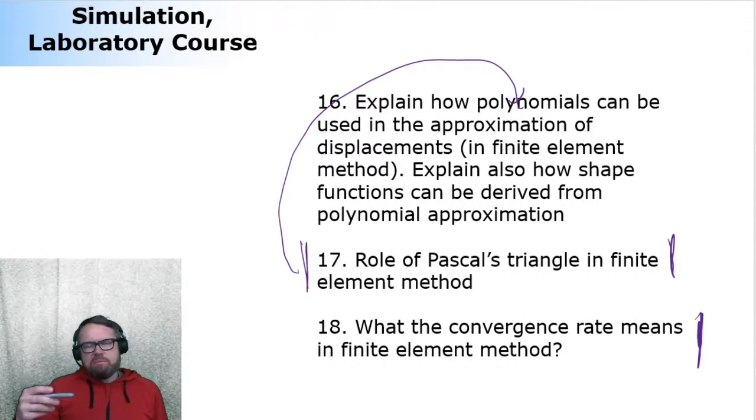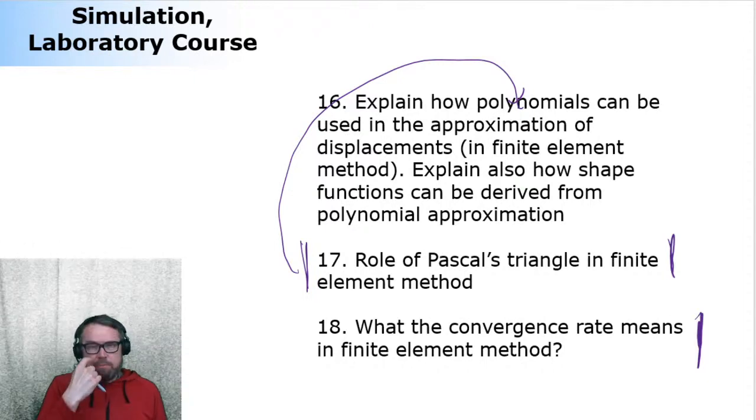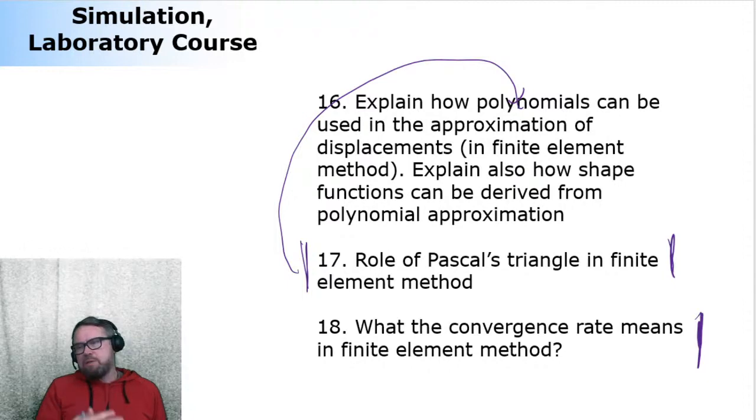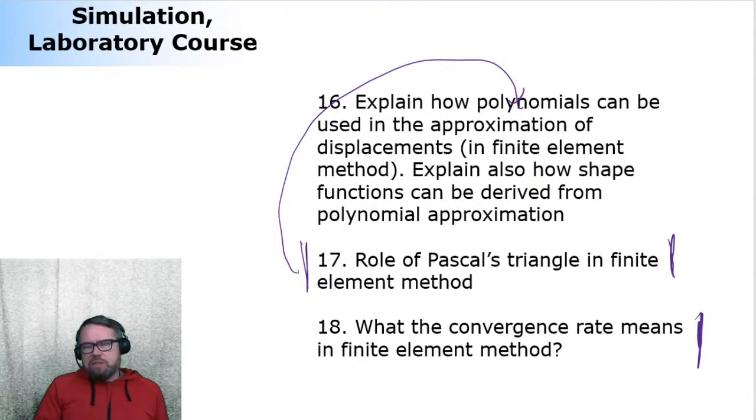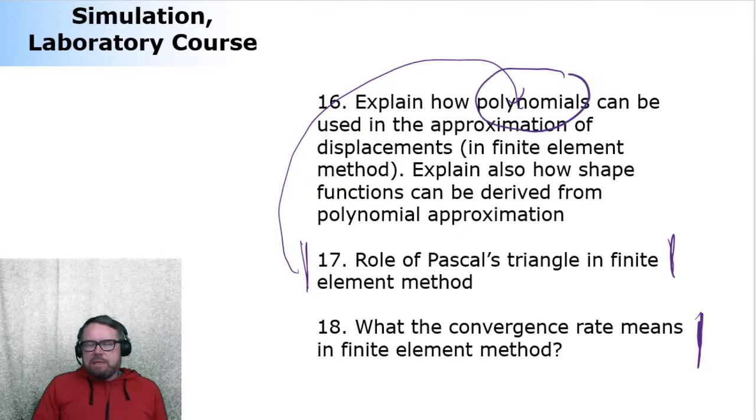If the convergence rate is good, you can get an acceptable solution with a moderate number of elements. So that's what the convergence rate means. And there are certain rules related to convergence rate that again take us back to the polynomials. Those are the three questions related to the very basics of finite element modeling.